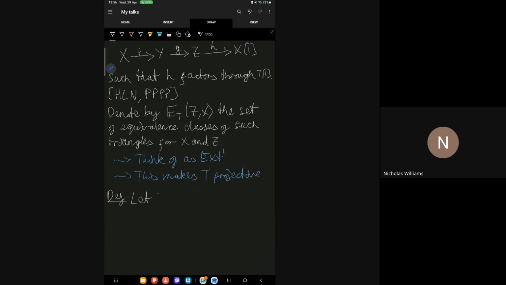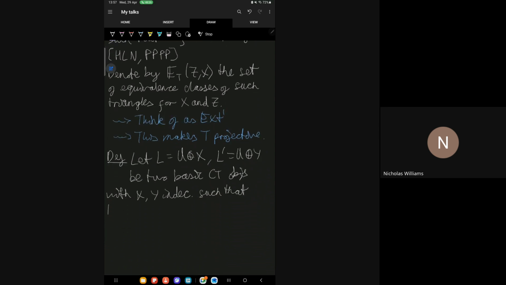So I'm going to let L and L prime equal to L/X plus Y be two basic cluster tilting objects with X and Y indecomposable such that this set is non-zero.